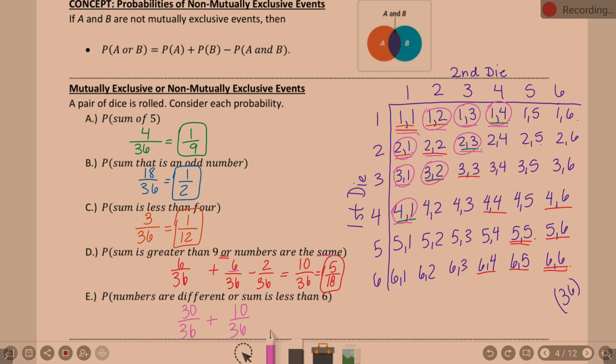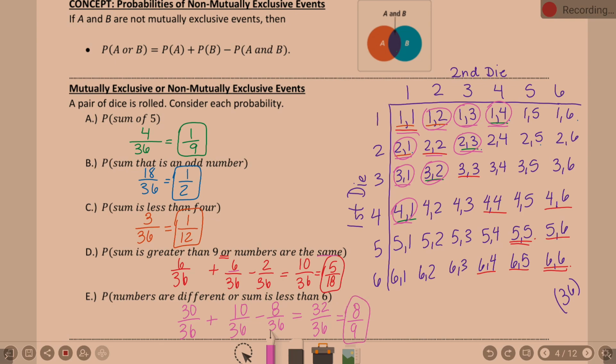How many is that? About 8. So you're subtracting off the overlap of 8. So 30 plus 10 minus 8 is 32/36. And 32/36 reduces to 8/9.